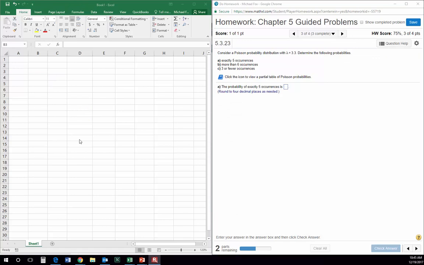All right, and our third question, we're going to consider a Poisson probability. Remember to recognize a Poisson probability. They always measure a certain number of occurrences of something over a certain period of time, usually, or over some other interval, like distance. This one doesn't really get into the story part of it.